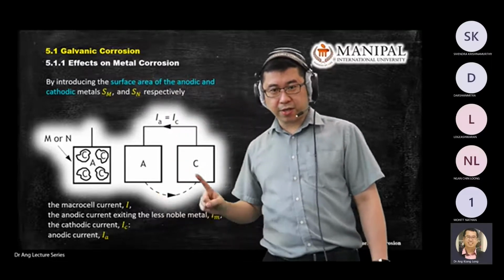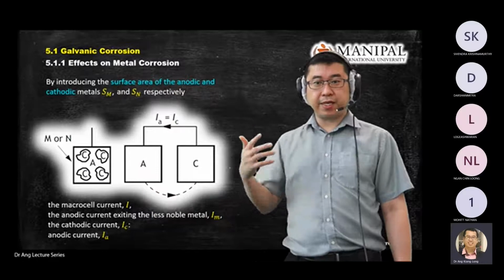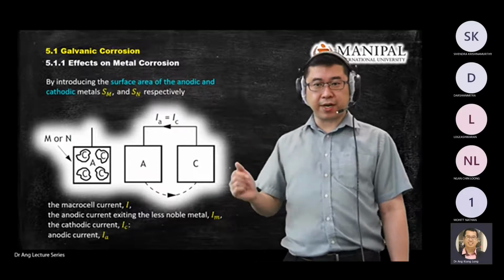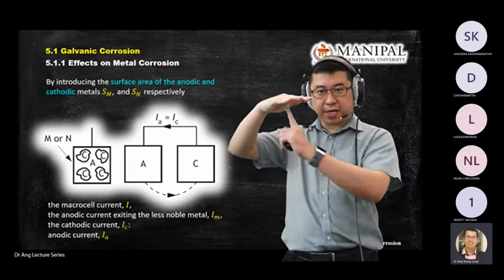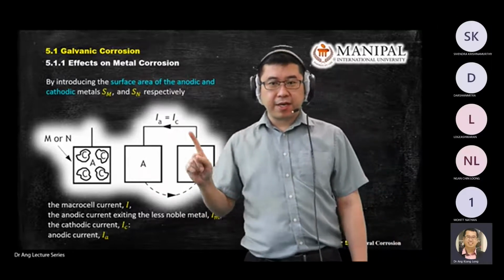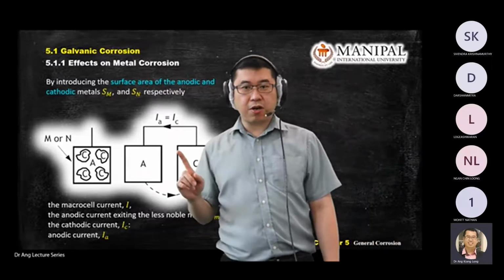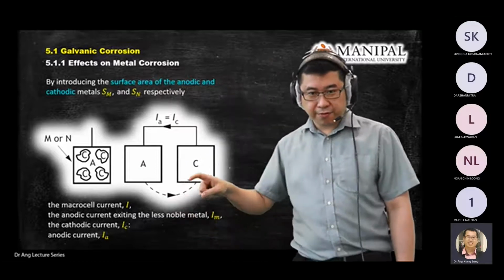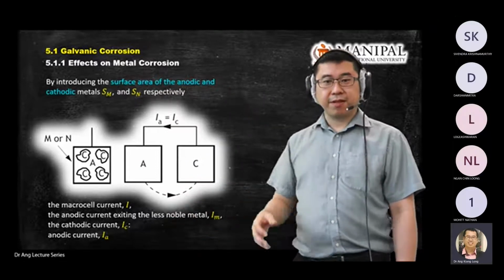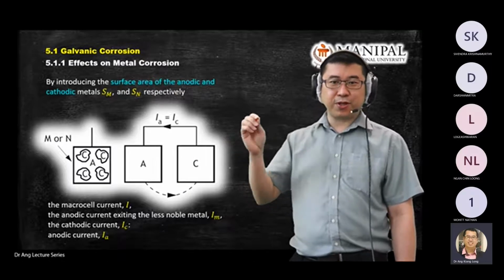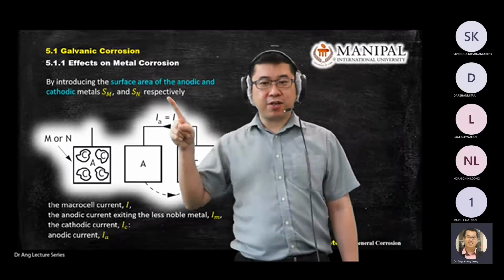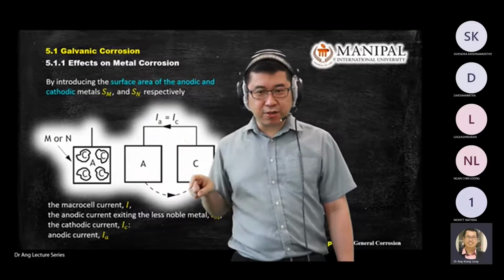Anode to cathode. This dashed line represents the direction of electron exchange. However, the current direction is opposite of the electron. Current in the electrical model is opposite of your electron transfer.